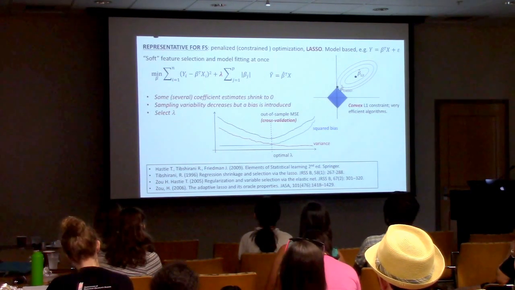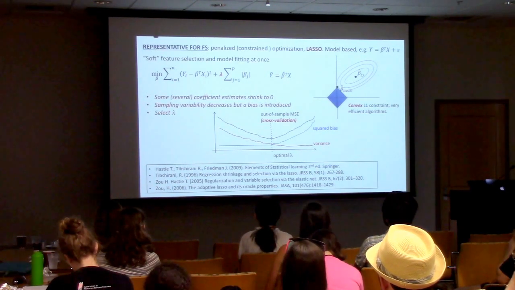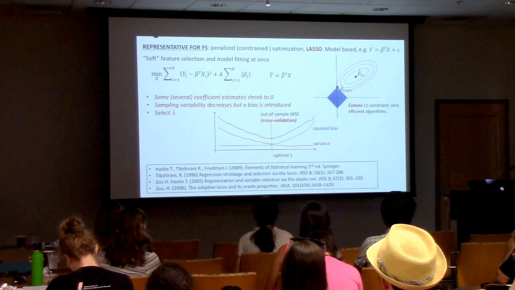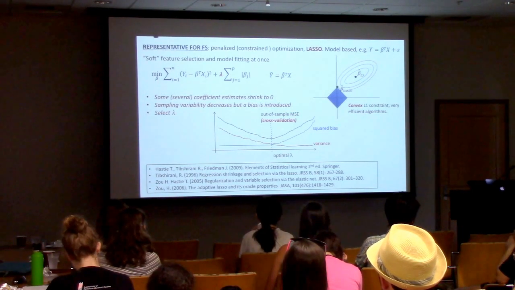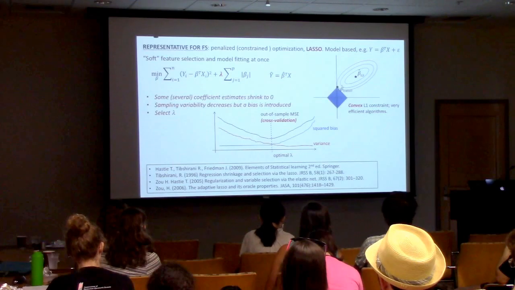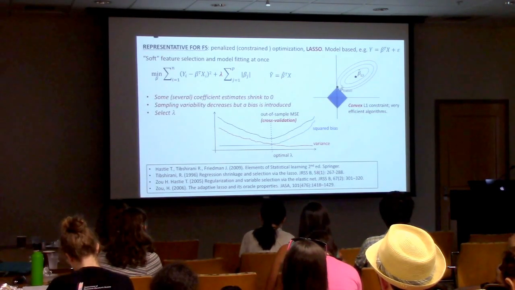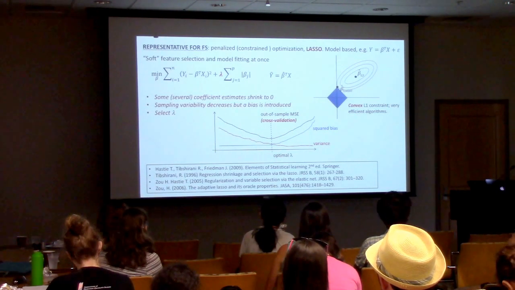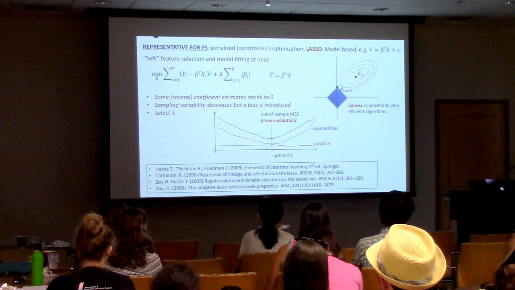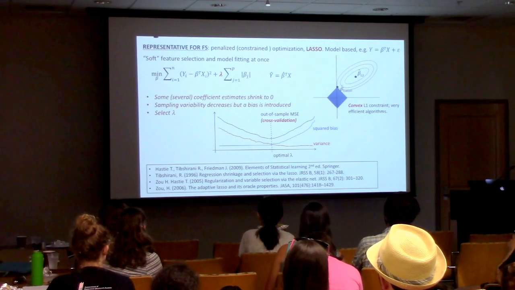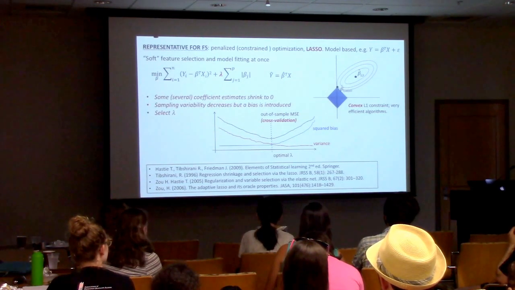Usually people, ideally you would want to do this based on out-of-sample performance, say the out-of-sample mean square error. This out-of-sample mean square error ideally should have a sweet spot, okay? Because it's sort of capturing a trade-off between reducing the variance and increasing the bias of your estimates. Of course, you don't know the theoretical out-of-sample mean square error.